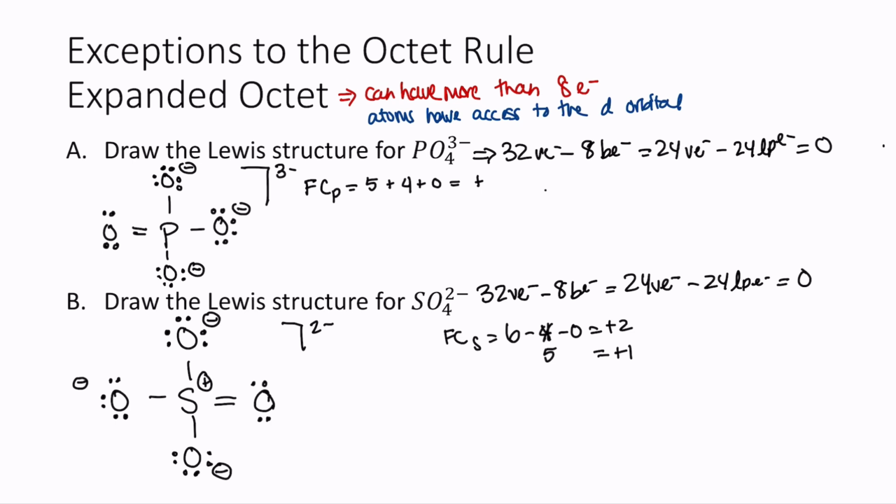I can do this again and add another double bond. Now, my sulfur is going to have 6 valence electrons, but now it has 6 bonds, so my formal charge is going to be 0. Notice I didn't change the overall charge of this structure, I just minimized the formal charge.